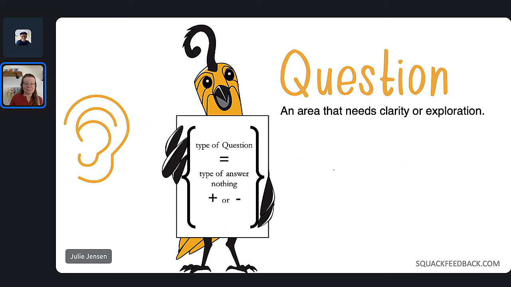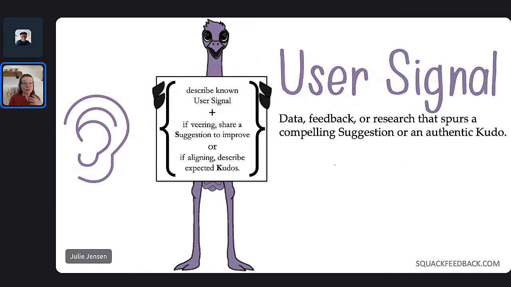Lots of best practices about this. User signal, again, this is, are you using user signal to help drive your decisions? One of the most exciting things to me from a UX management perspective is when I hear my peers, my stakeholders, right, the team stakeholders using that user signal.